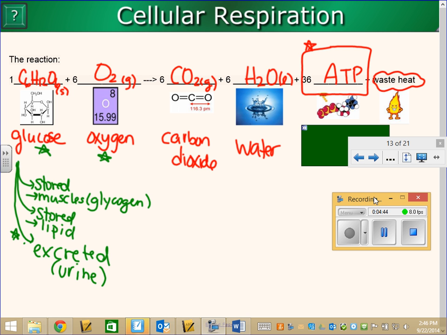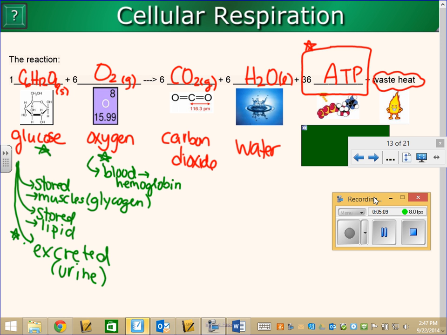Now in terms of oxygen, we're going to talk at length in future chapters about your respiratory system and about your circulatory system, both of which are involved with oxygen transport and oxygen use. But just so you have a brief idea, oxygen is in your blood and it is attached to hemoglobin.